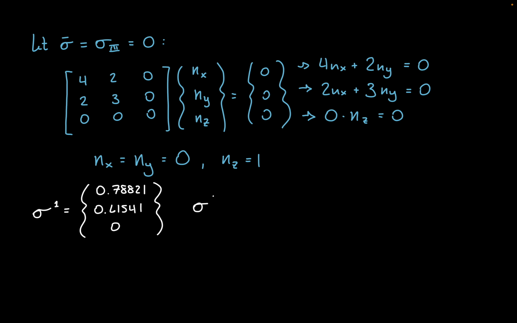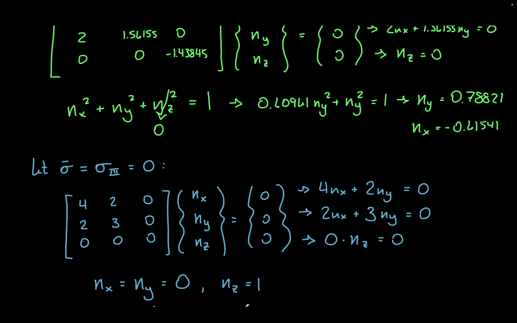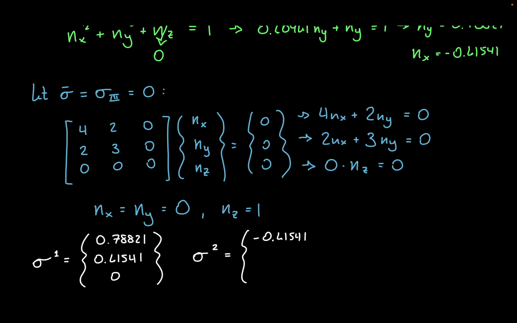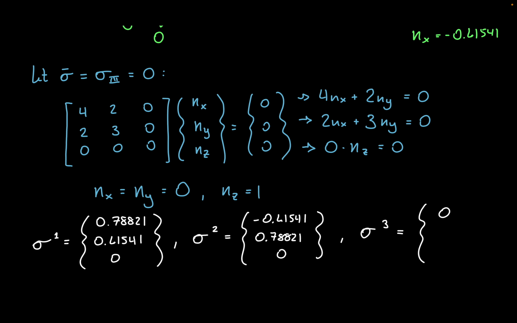Now, for the sigma 2, for that, we said the direction was negative 0.61541. The y component was 0.78821, and then z was 0. And then for the third one, sigma 3, well, we want to say that that is 0, 0, 1.